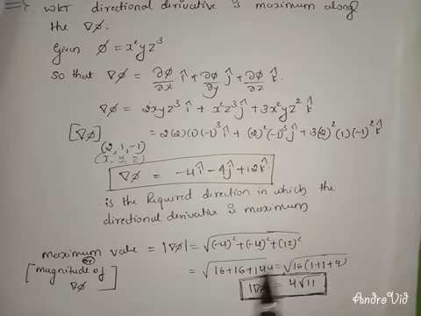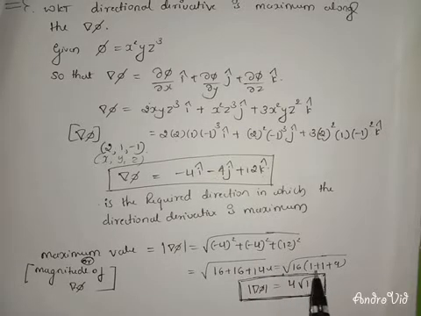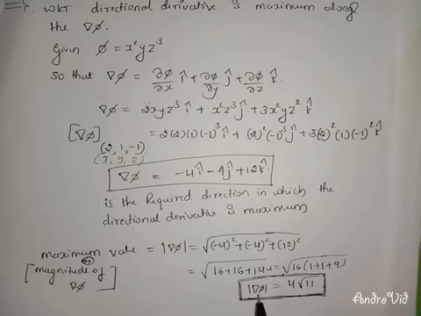Let us solve this: 16 plus 16 plus 144. Taking 16 outside, it becomes 1 plus 1 plus 9, which is 11. Taking 16 outside the root, it becomes 4 root 11. So the magnitude of del phi, or the maximum value of the directional derivative, is 4 root 11. This is our required final answer.